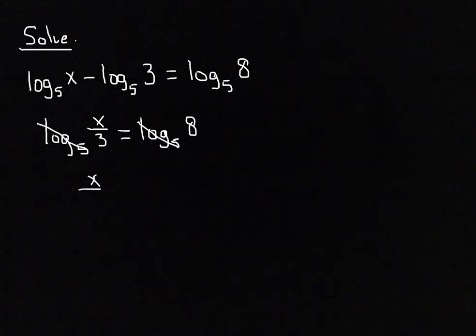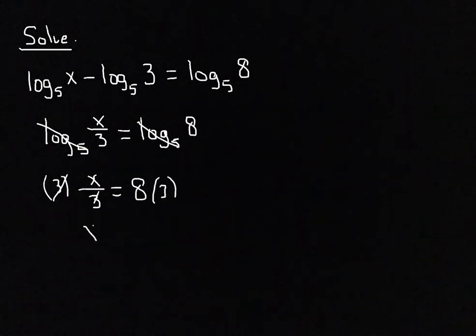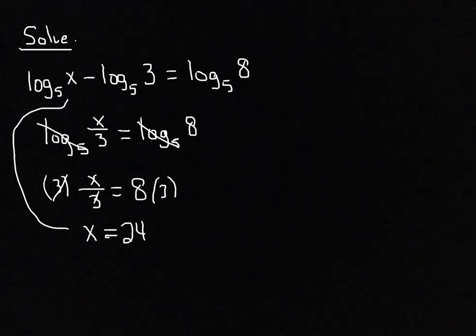And that means x over 3 is equal to 8. Now, figure out what x is. We multiply both sides by 3. And we get x is equal to 24. So if I'm trying to figure out what x is in this equation up here, it is equal to 24 by using laws or properties of logarithms.